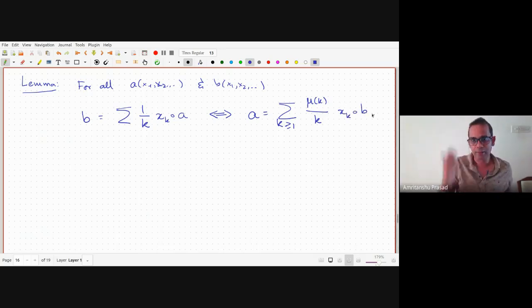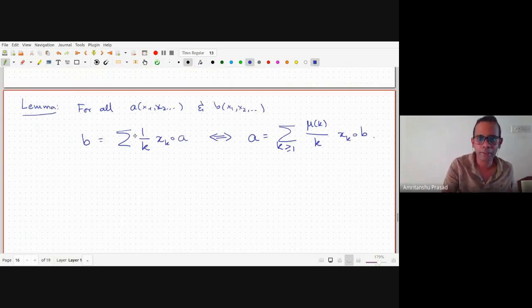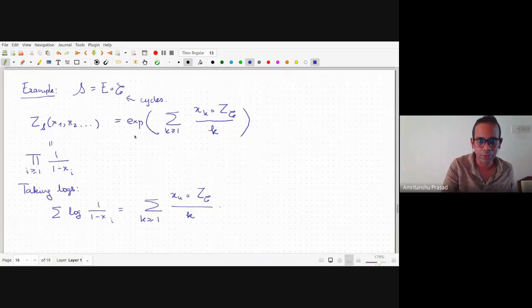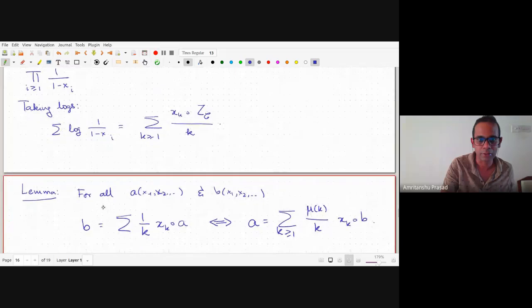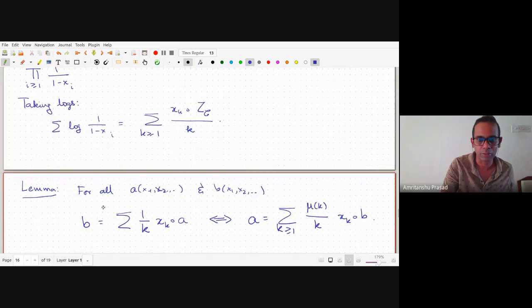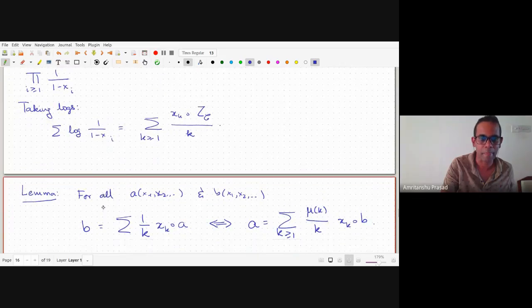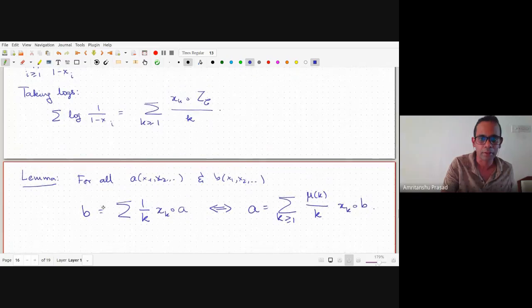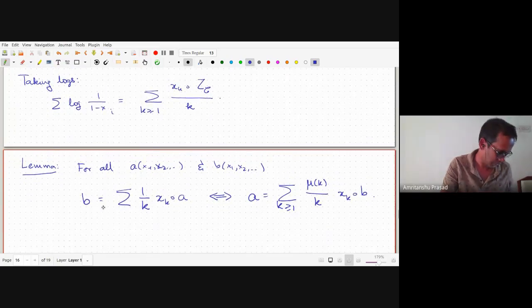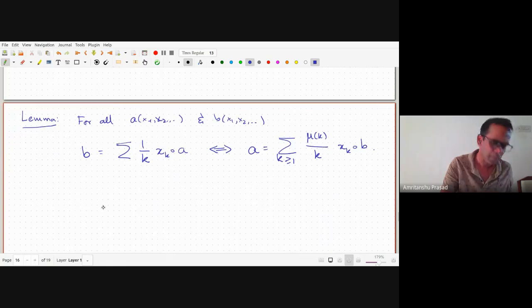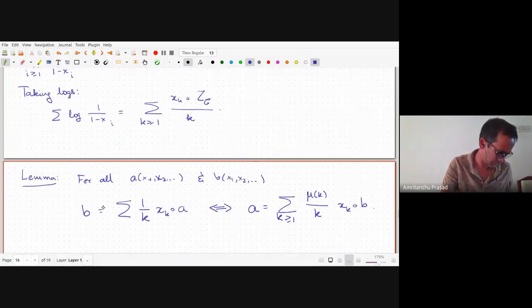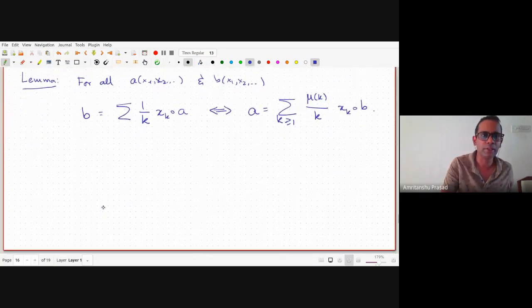That will certainly apply to this situation, where B is the summation of log of 1 over 1 minus xi. Yeah, I think that's correct. So the proof is not very difficult.